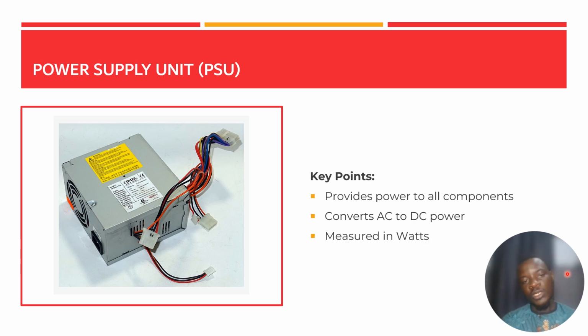So if you want to upgrade, make sure you have a high wattage PSU, which is the size of the power it consumes. The higher the wattage, the more jobs it can perform.